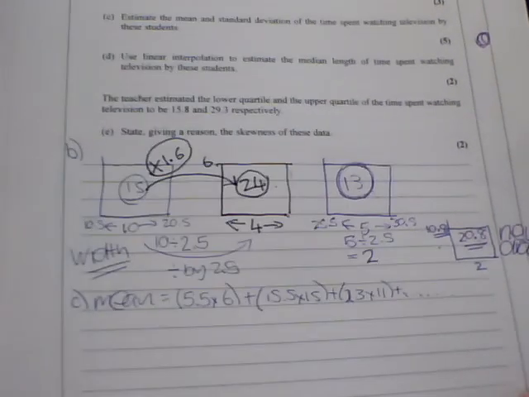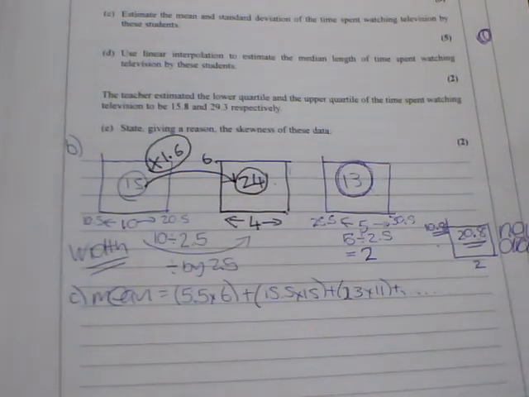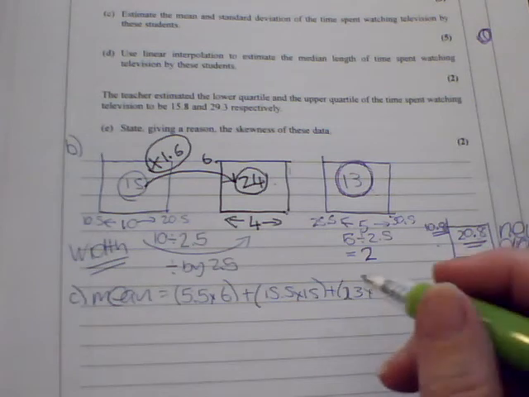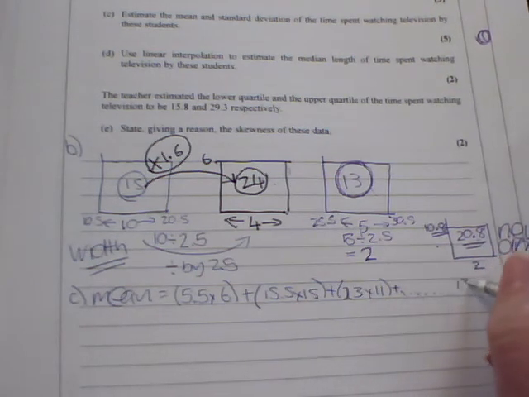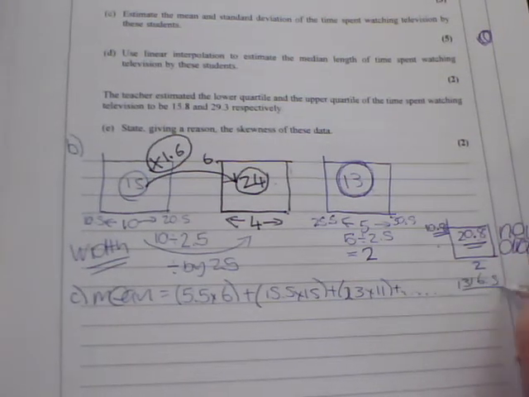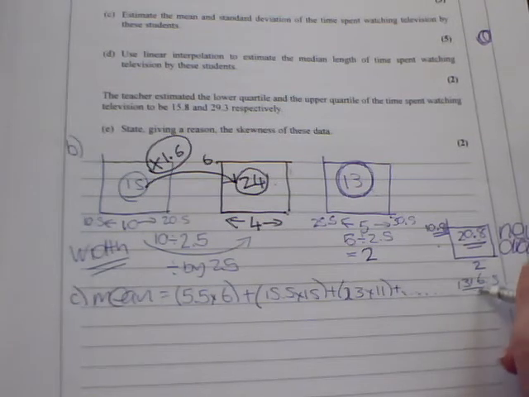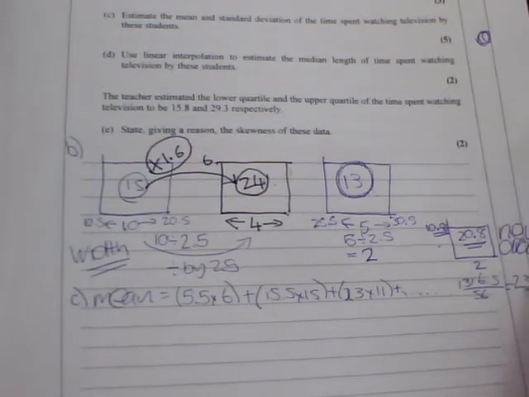And that comes out as one I've worked out earlier, 1316.5 divided by the number of people, and that comes out at 23.51.